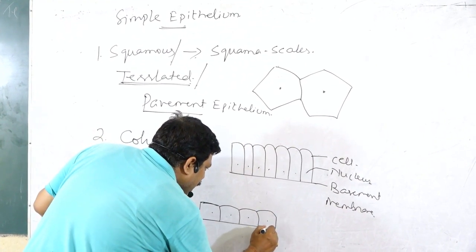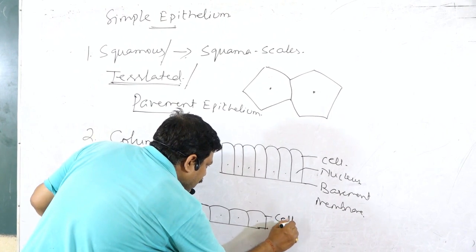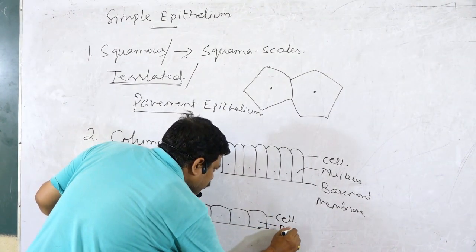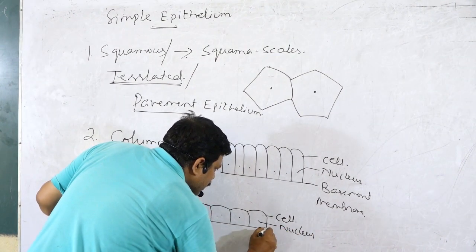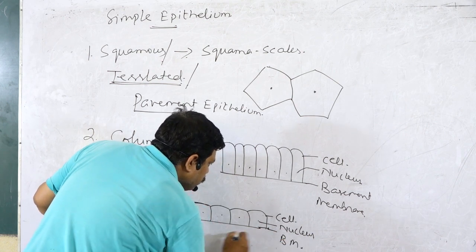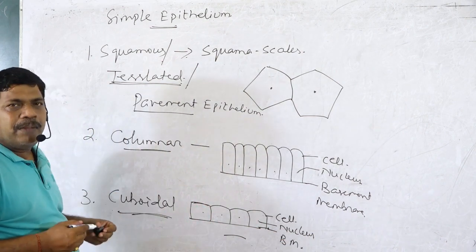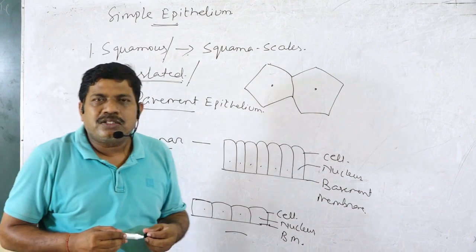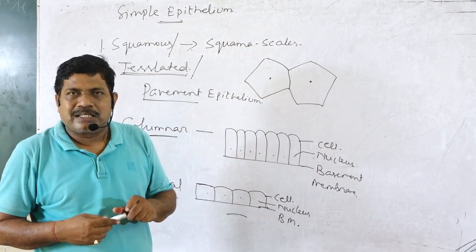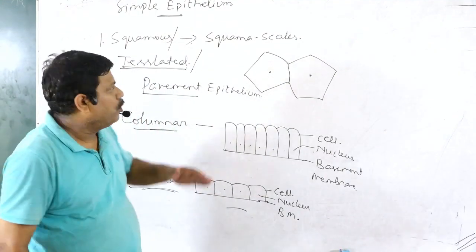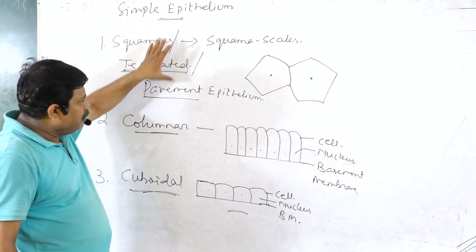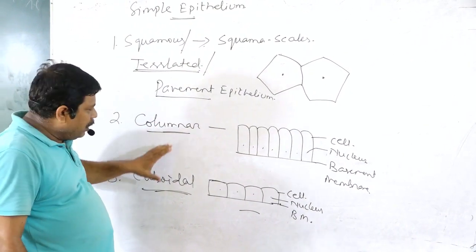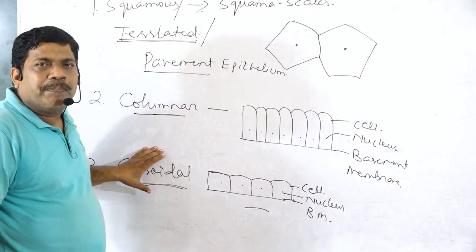Nucleus is at the center. Cell, nucleus, and this is the basement membrane. So this is cuboidal epithelium. So on the basis of the shape of cells in the epithelial tissue, it may be squamous epithelium, columnar epithelium, or cuboidal epithelium.